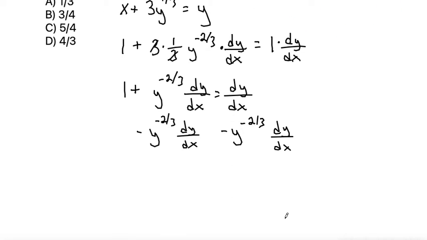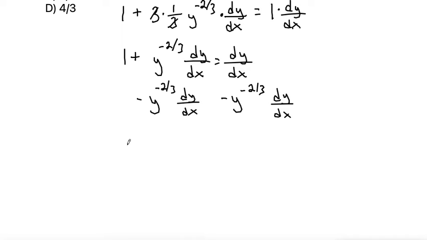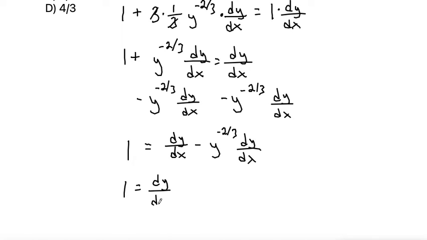So from here, that makes 1 is equal to dy/dx minus y to the negative 2/3 dy/dx. Okay, so now I have all of my terms with dy/dx on one side. From here, I'll factor out my dy/dx. So that makes 1 is equal to dy/dx times (1 minus y to the negative 2/3).